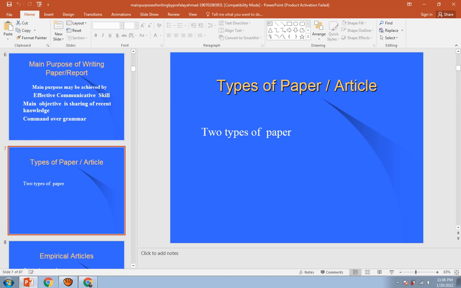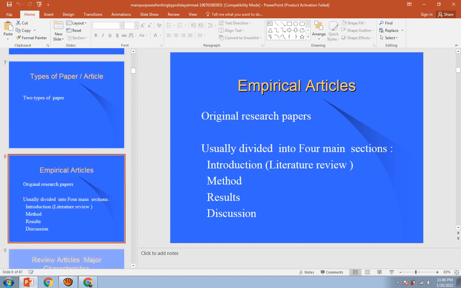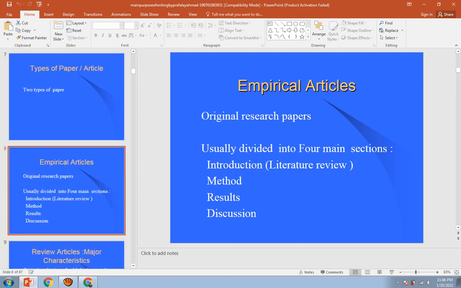Now remember that we can classify research papers, research articles into several categories. Types of paper or types of article. There are two types of papers, two types of research articles. Listen very clearly. Empirical articles. One type of research paper, technically called empirical articles.